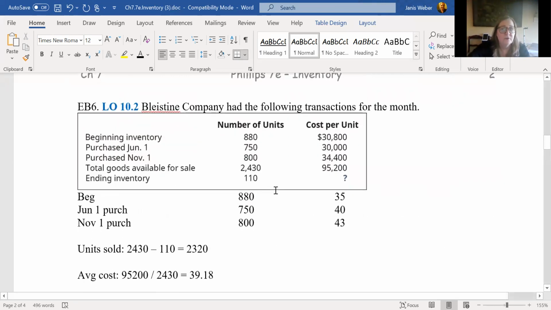Now, to get the ending inventory for LIFO, we do the opposite. If we work on LIFO, it means we sell the last ones first. We assume we sold them first. So the thing that would remain at the end of the period would be some of the beginning inventory. So the beginning inventory, as you remember, we calculated the per unit for the beginning to be $35 per.